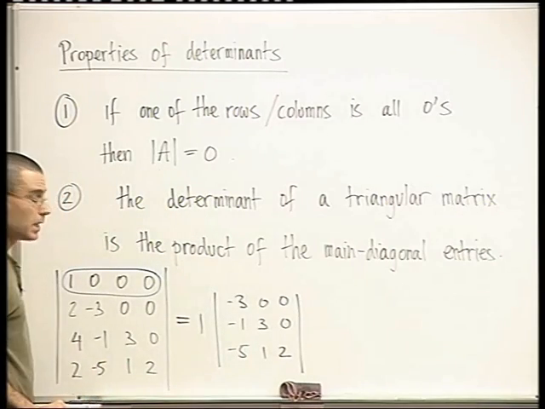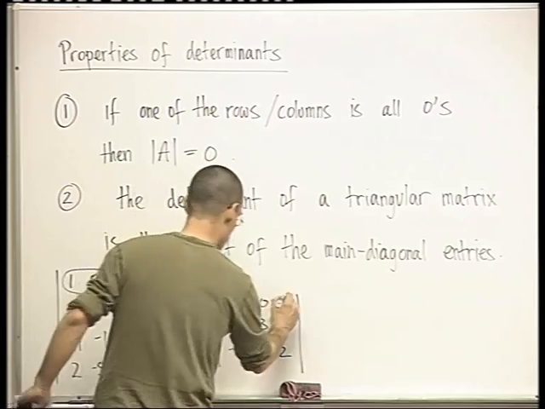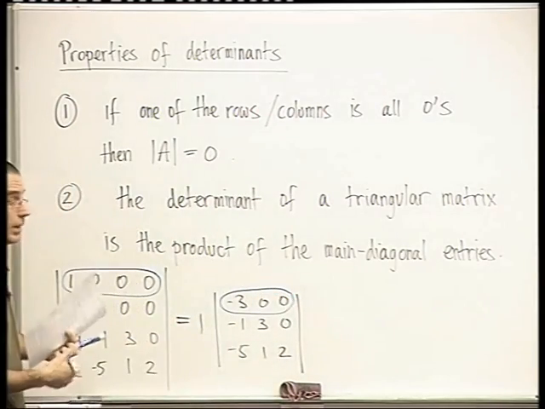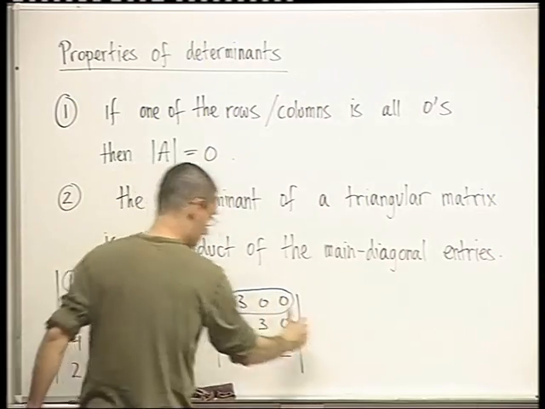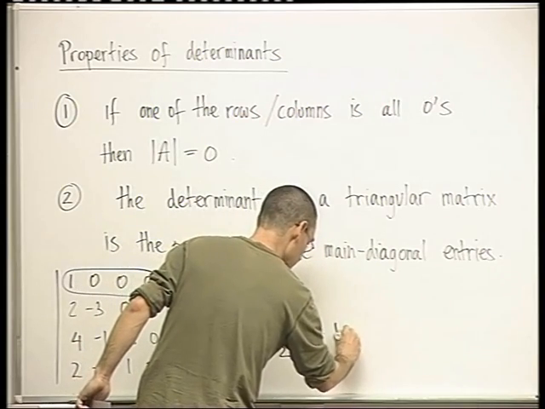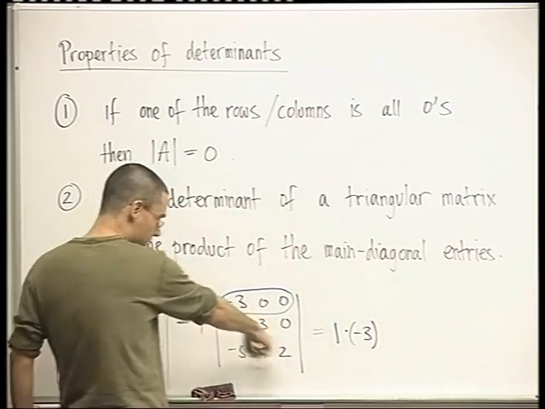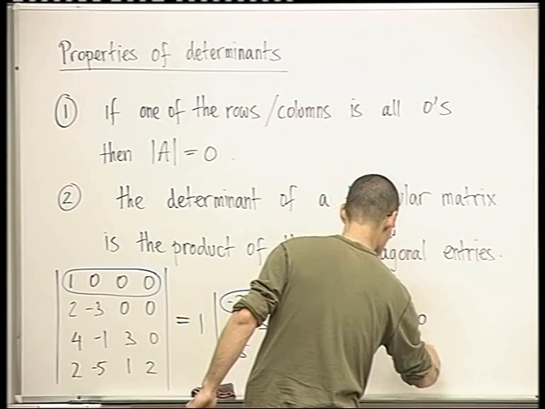Good? Again, I have to choose a row or a column. I'm not going to be at all creative. I'm going to choose this. What do I get? These two contribute nothing. I just get negative 3. Let me write this as 1 times negative 3 times this minor. 3, 0, 1, 2.